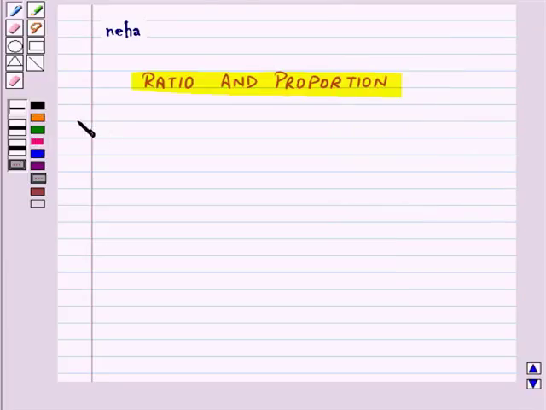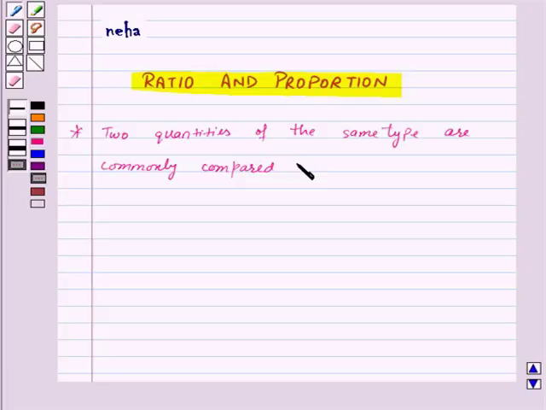So, two quantities of the same type are commonly compared by taking the difference between the two quantities.